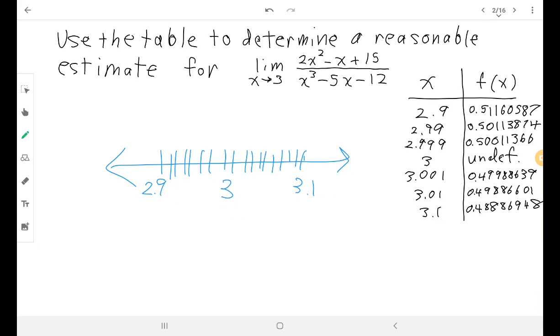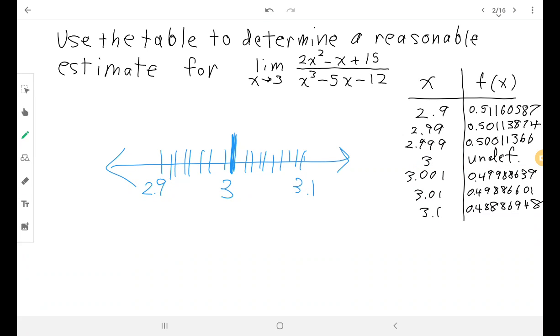I'm picking all these numbers just barely to the left and right of 3. If you actually put 3 in, you'll find that you get a 0 down here. So that's why when we put in 3, we have an undefined value here.